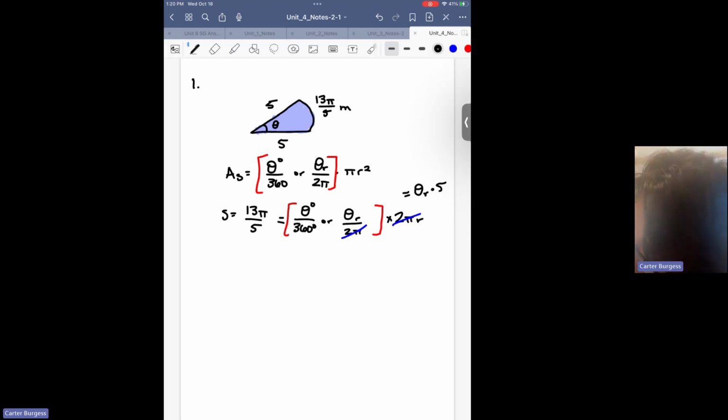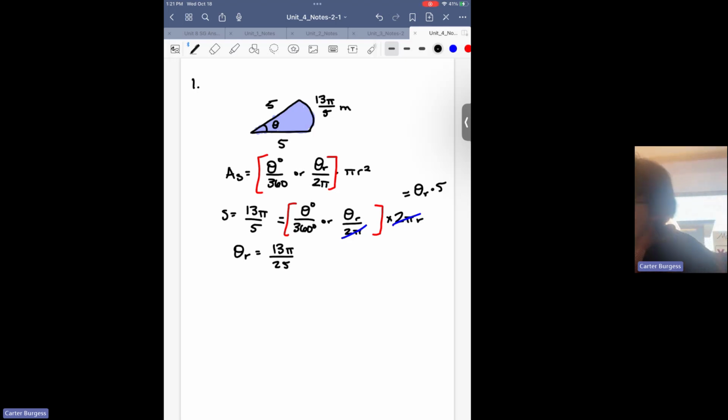And so my theta in radians should just be equal to, dividing by 5 on both sides, 13 pi over 25 radians, which is a little bit more than pi over 2, a little bit more than 90 degrees.